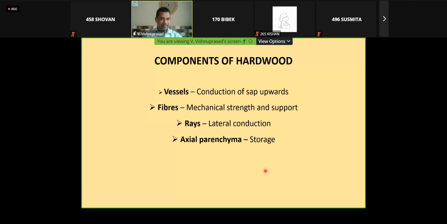So as you can see, if this is a growth ring boundary, here the fibers and the tracheids are thick walled, while here they are thin walled. So that means the demarcation is because of thickness or thinness of the fibers and tracheids. Example in the case of Laurus.